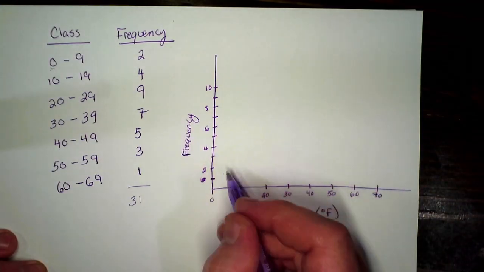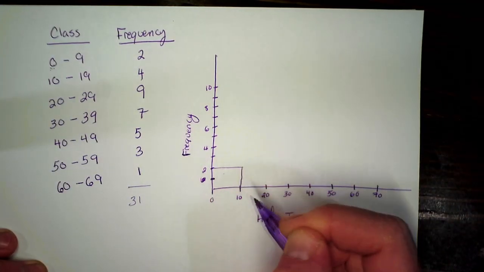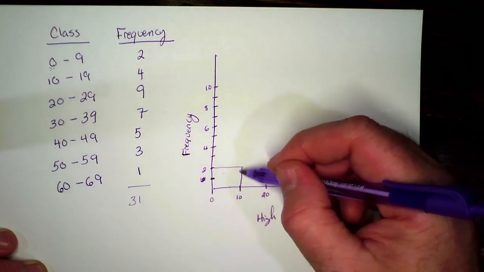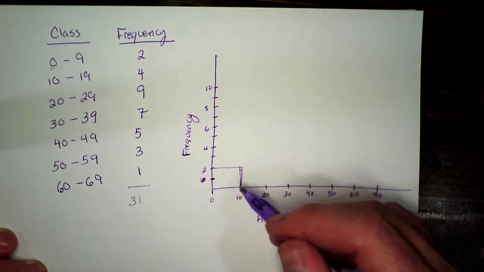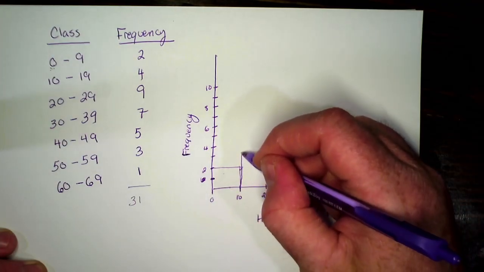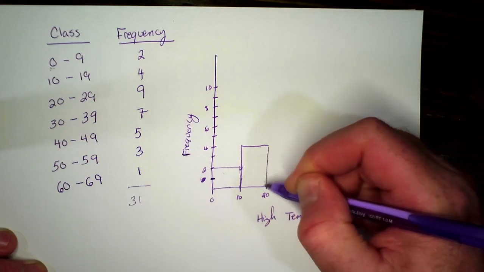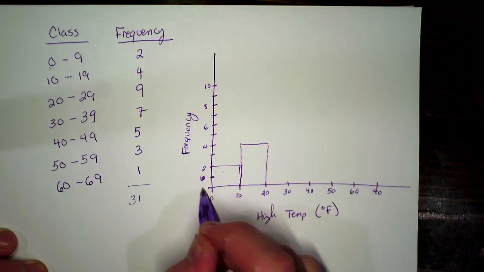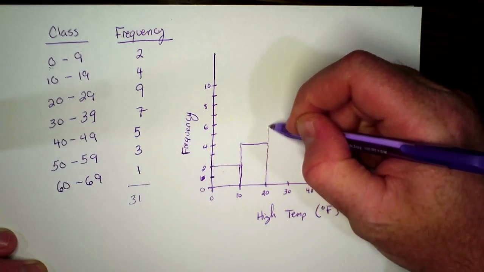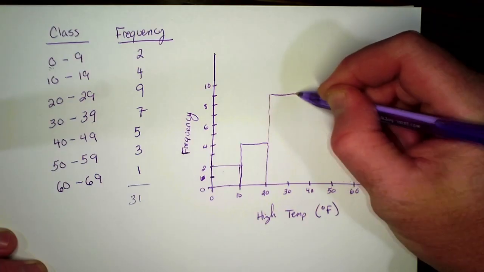So from 0 to 9, we would have a bar that is 2 units high, meaning a frequency of 2. That bar comes down at 10, but we understand that 10 is actually the start of the next group. The next group would go up to 4, so its bar is going to be exactly twice as high since our scale starts down here at 0. Then the next one would go all the way up to 9, so that's our tallest one.